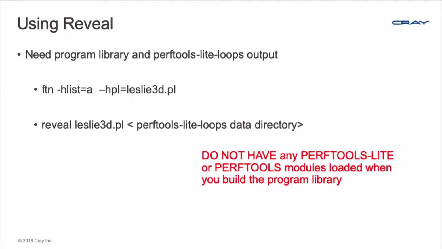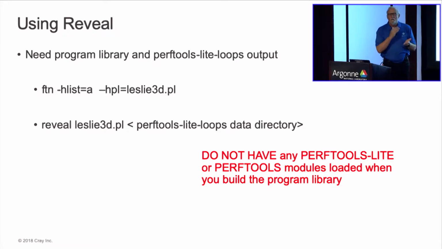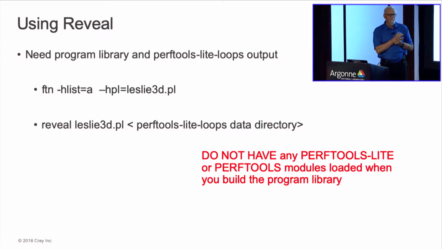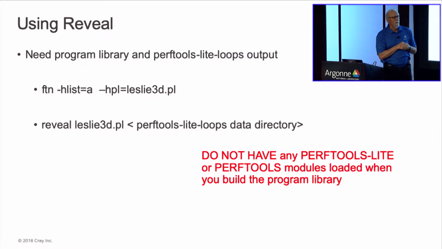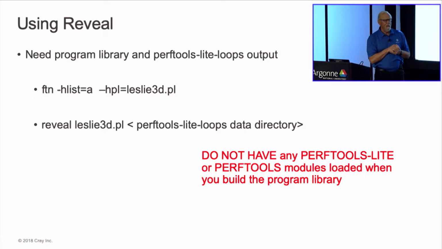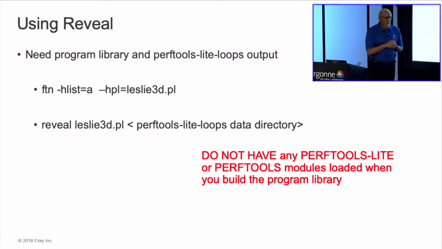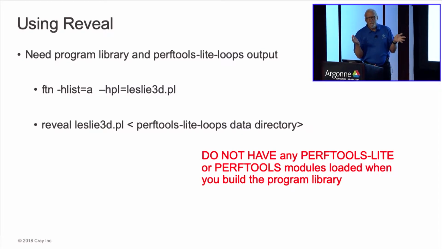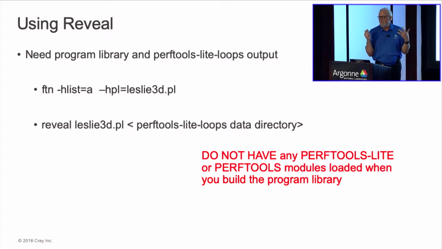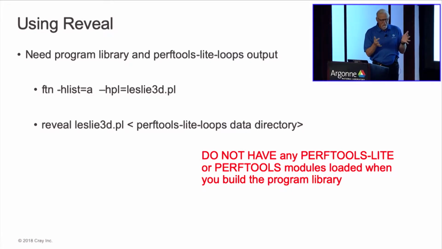Okay. So we have a package called Reveal. Now, let me tell you right now, Reveal does not work well with C++. It works very well with C and Fortran. We're trying, I mean, C++ is just terrible. Because when you look at this from a compiler standpoint, you have no idea what the addresses of all these arrays are.